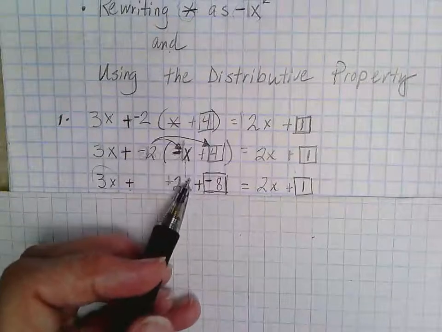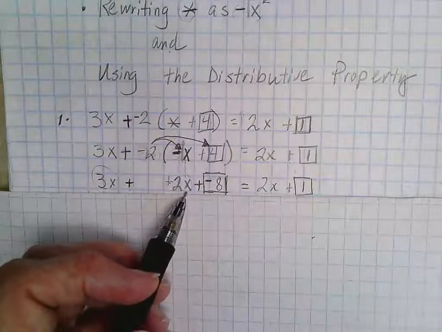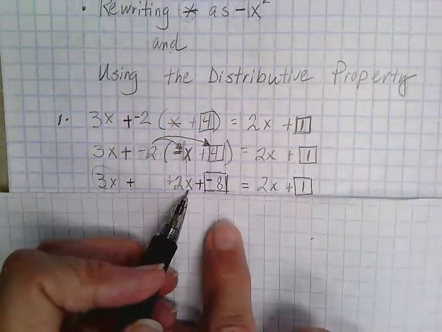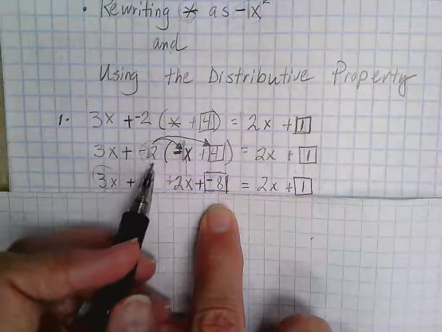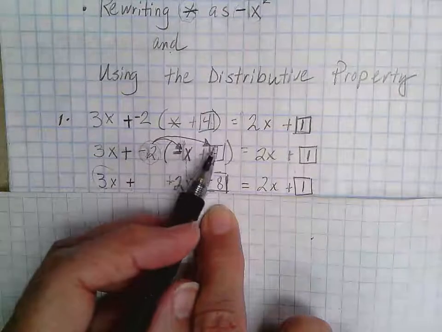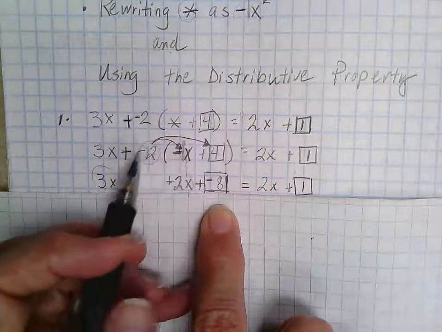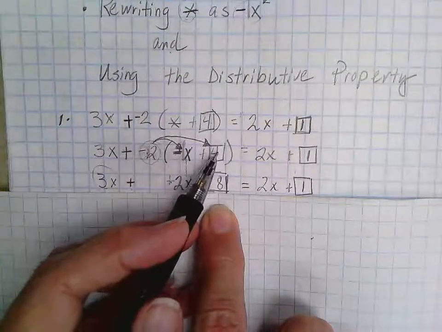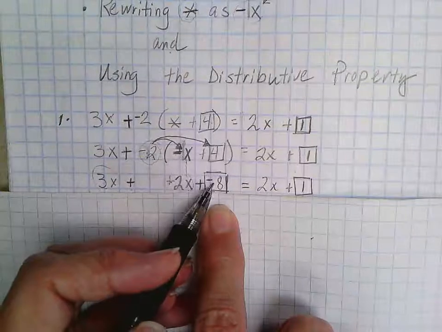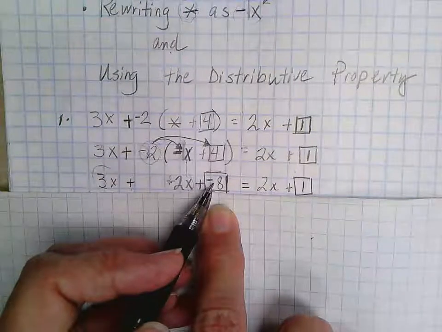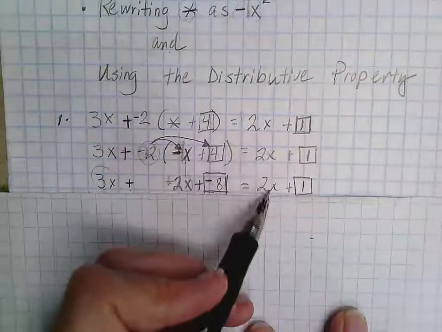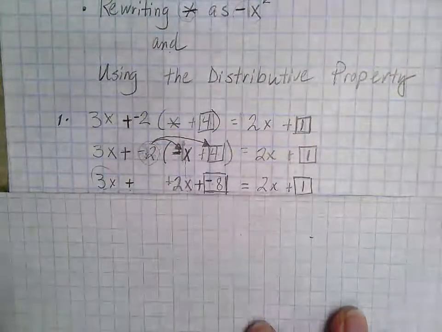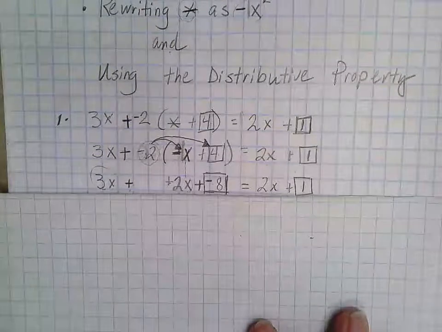So the x comes along with it, comes along for the ride, I say. Then we have to take this negative 2 and distribute it over to the positive 4. So negative 2 times positive 4 is negative 8. So there's my -8 block. On the right hand side, I don't have to do anything, so I'm just rewriting those down below.